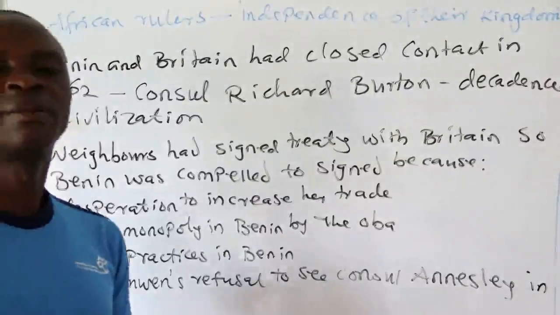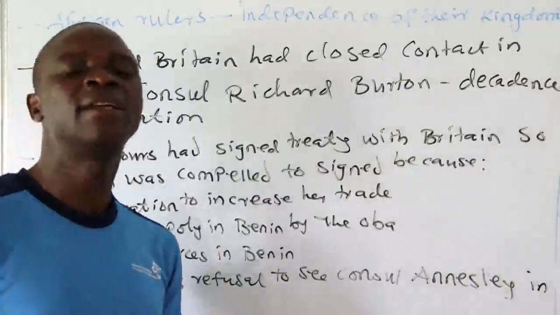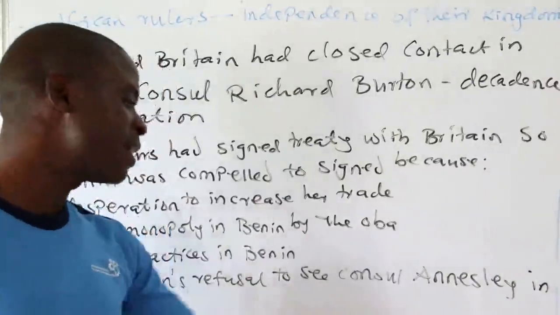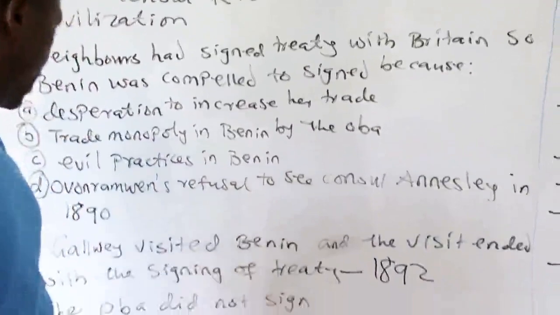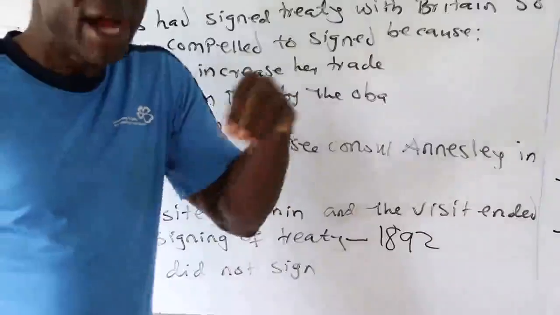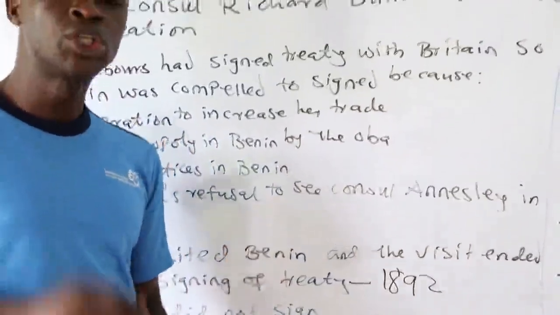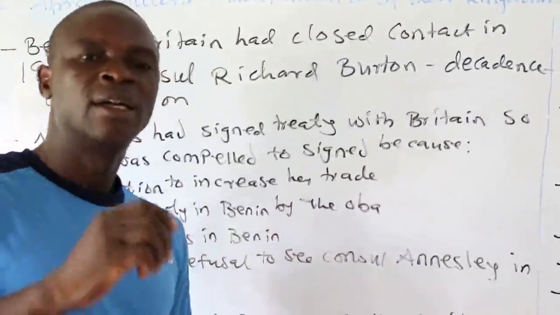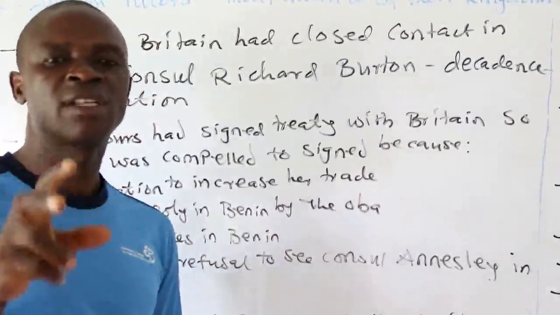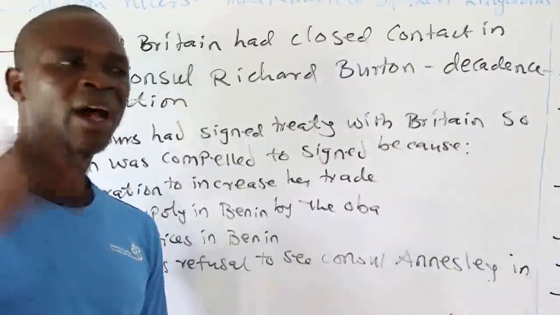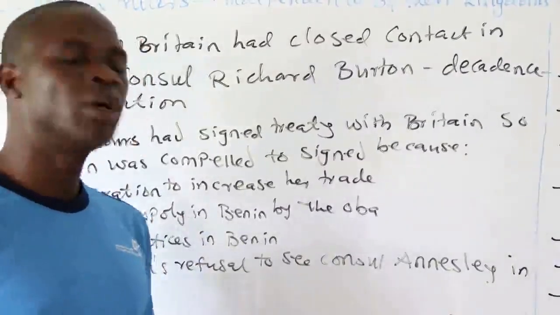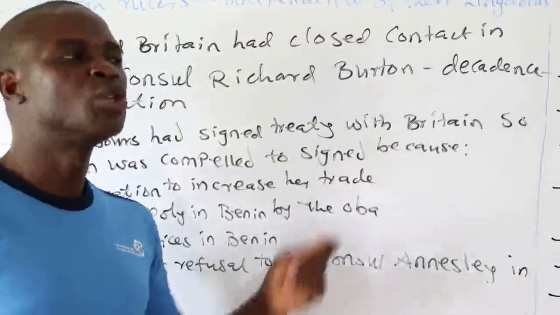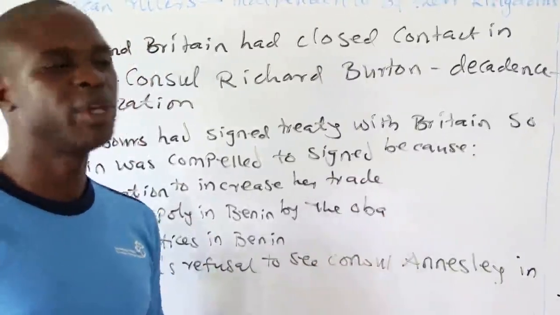Now, the visit ended with the signing of the treaty, as I said, in the year 1892. But the Oba himself refused to sign the treaty. To the Oba, there were some religious rituals surrounding him which would not allow him to touch the pen. So he ordered some of his chiefs to sign the treaty on his behalf.